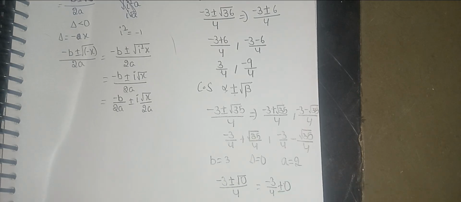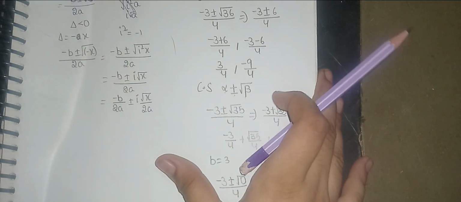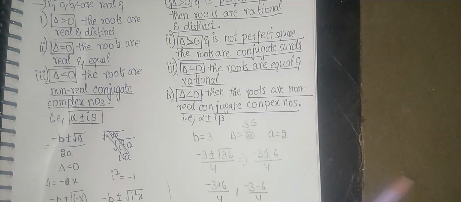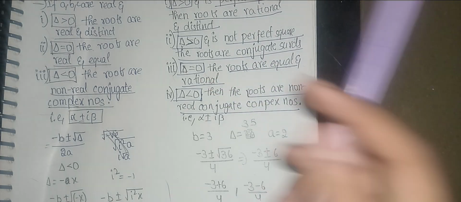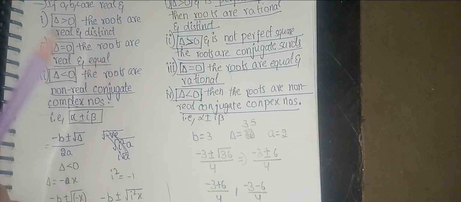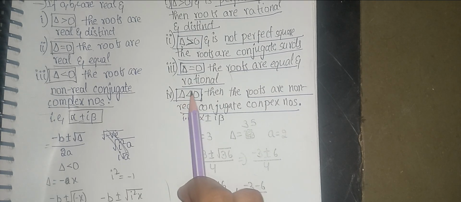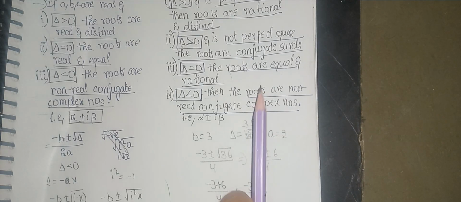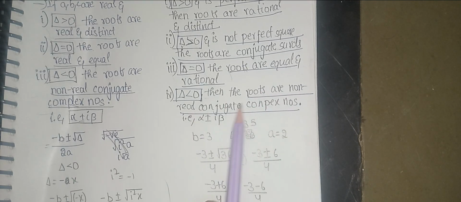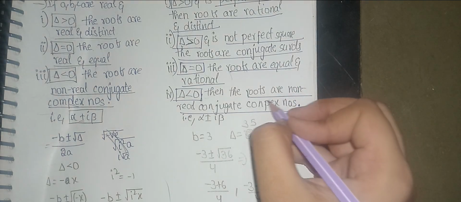If we add or subtract 0 from any number, the number will be the same, which means the roots will be equal. If a, b, c are rational, the roots will be rational. If a, b, c are real, the roots will be real. Understood? Here, if delta is less than 0, if delta is negative, the roots are non-real conjugate complex numbers.